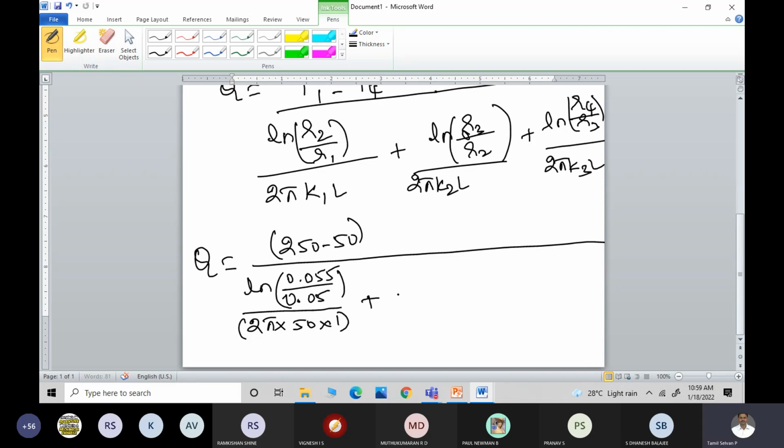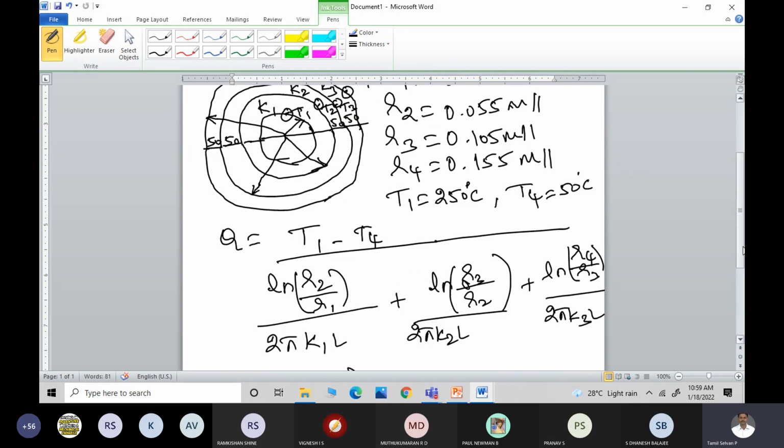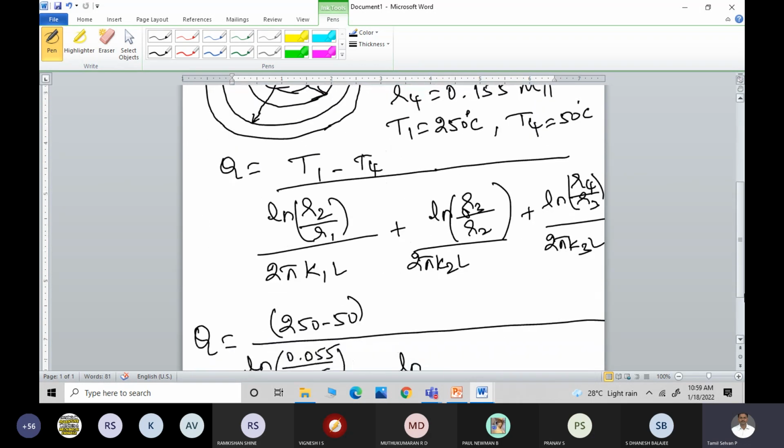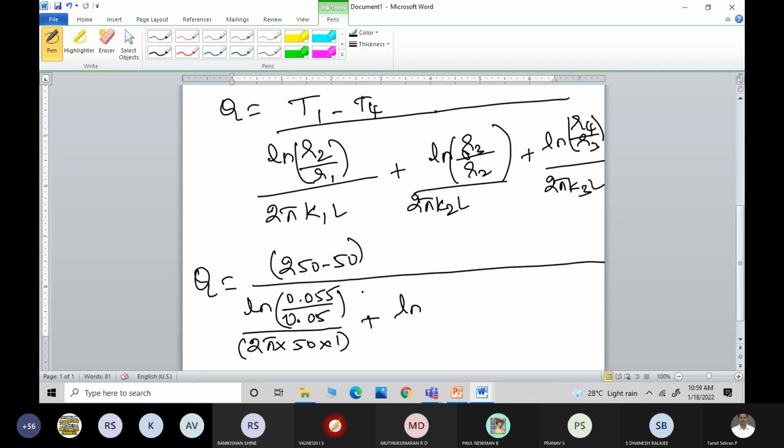Natural log of R3 by R2, R3 is 0.105, so 0.105 divided by 0.055, divided by 2 pi into K2.